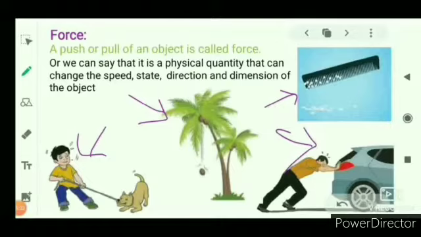So how can we change the speed of an object? When we are riding a bicycle, someone is riding a bicycle. This is your bicycle. You are riding the bicycle here, and your friend has pushed your bicycle. Then what will happen?